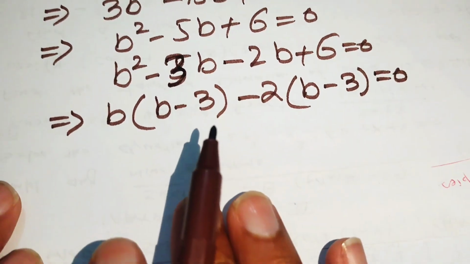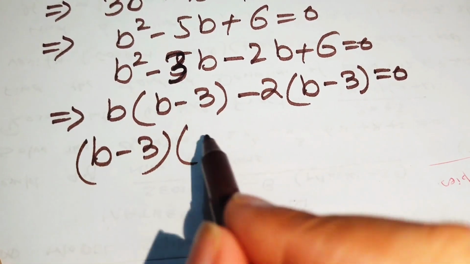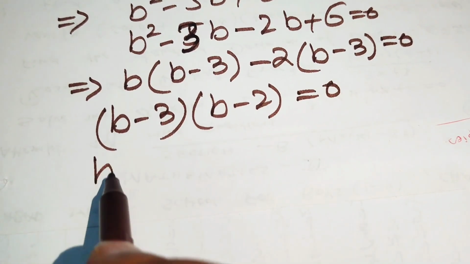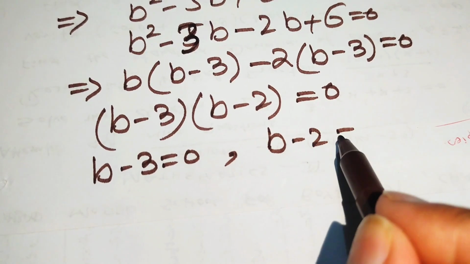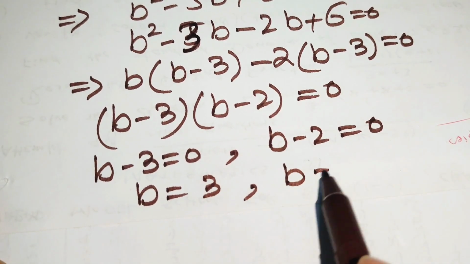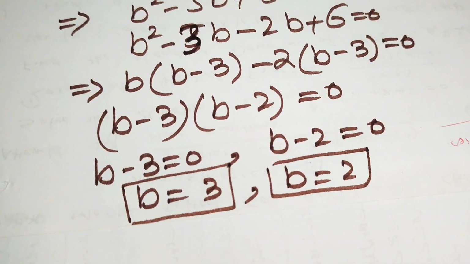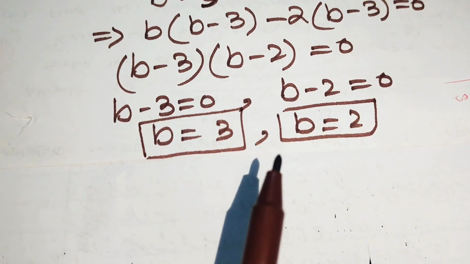Then we take common b minus 3 from both terms and get b minus 2 equals 0. So b minus 3 equals 0 and b minus 2 equals 0. In this case we get b equals 3, and here we get b equals 2. These are the two values of b, and you see these two values are integer values.